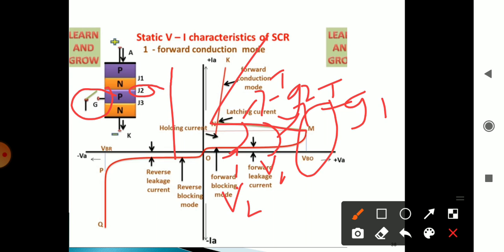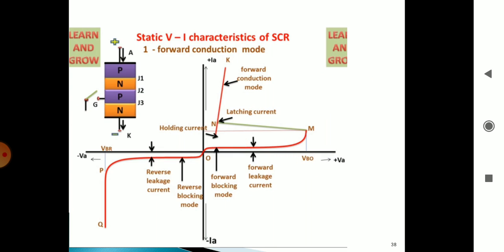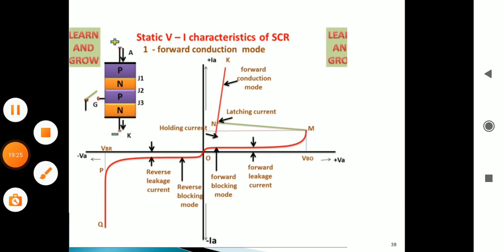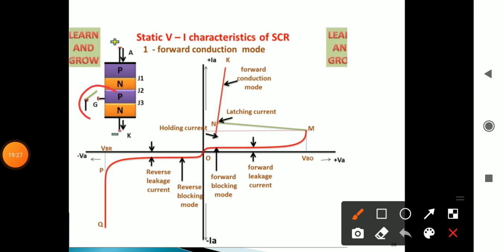Here Ig2 is greater than Ig1. If the gate current is more, immediately J2 will start conducting and current will start to flow in the SCR. If a larger gate pulse is applied, the SCR will conduct immediately, here only.